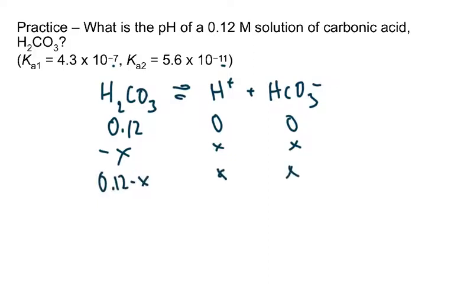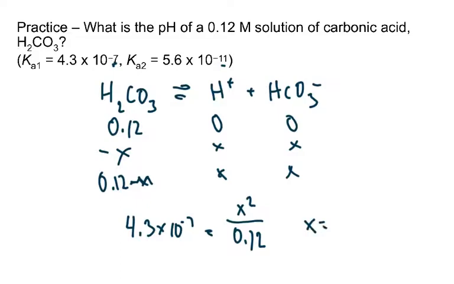And again, if you look at my Ka value, we can do the x is small approximation. And so my 4.3 times 10 to the minus 7 is equal to x squared over 0.12. I can solve for my x. So I get an x value of 2.27 times 10 to the minus 4.